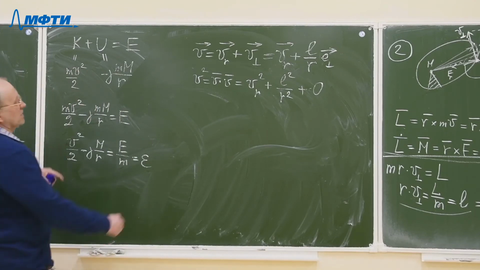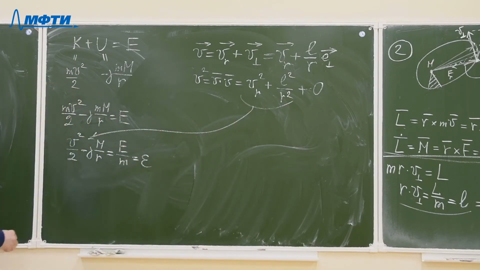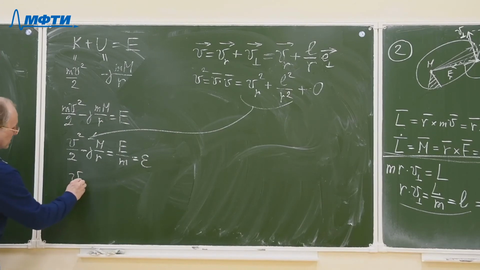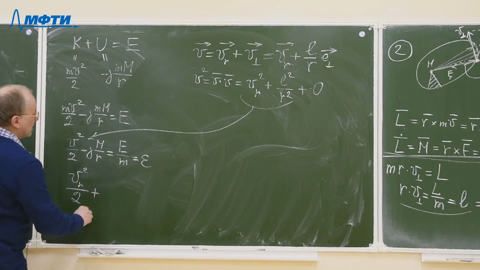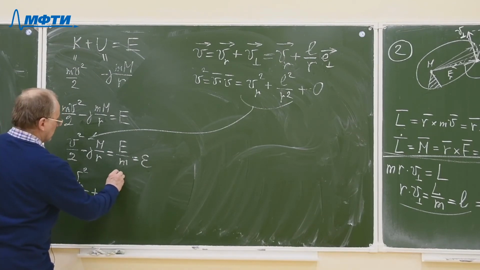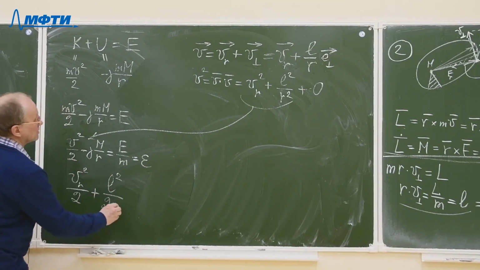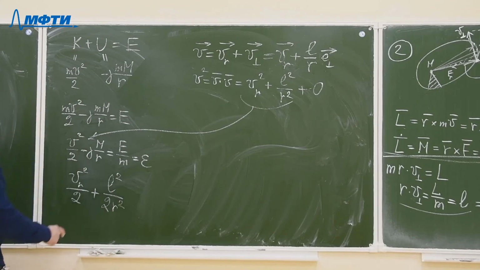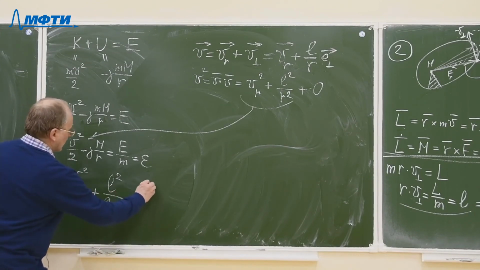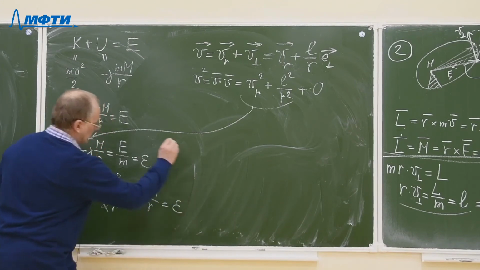So v squared will be taken from here and substituted into this equation, and I will find that this is the radial velocity component squared over 2 plus L squared divided by 2r squared minus gamma capital M divided by r equal to epsilon.